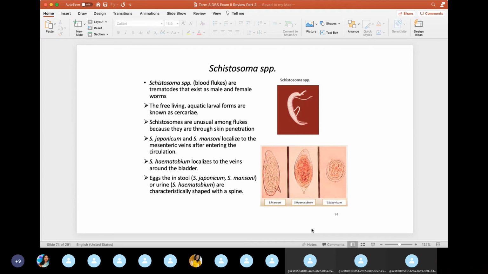Because most common cause of transitional carcinoma, or bladder carcinoma, is Schistosoma hematobium. Japonicum and Mansoni, most common cause of hepatomegaly. Why? Enlargement of the liver, because it localizes in the mesenteric veins after entering the circulation.